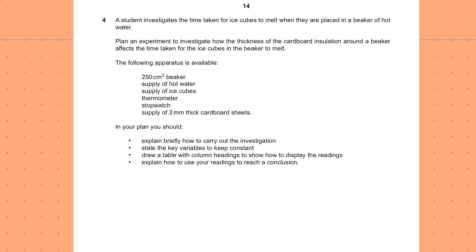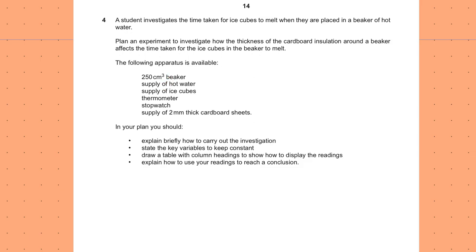So explain briefly how to carry out the investigation. So how do we do this? Now this is pretty easy. You have this 250 cm cube beaker, supply of hot water, supply of ice cubes, thermometer, stopwatch, supply of 2 mm thick cardboard sheets, right?